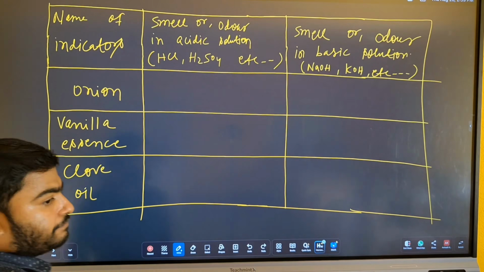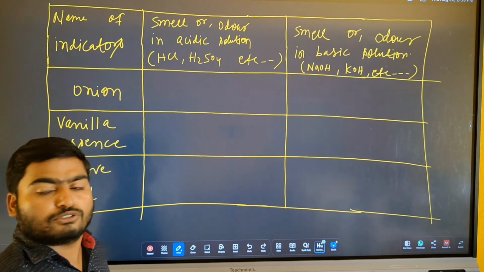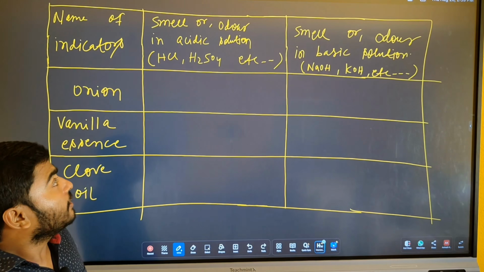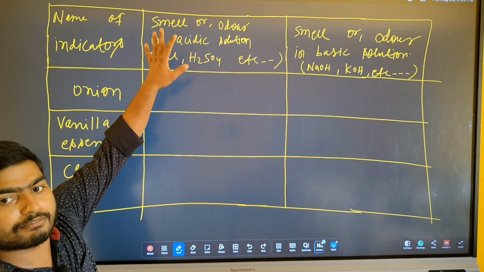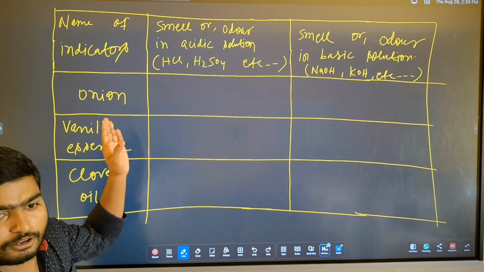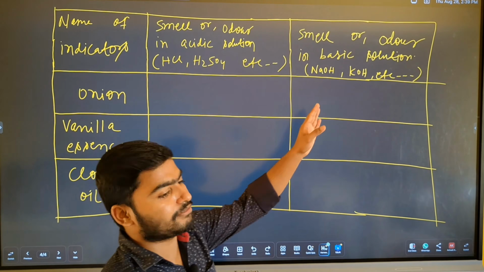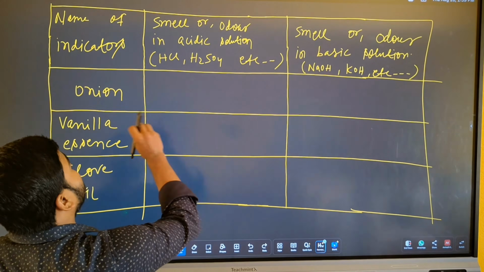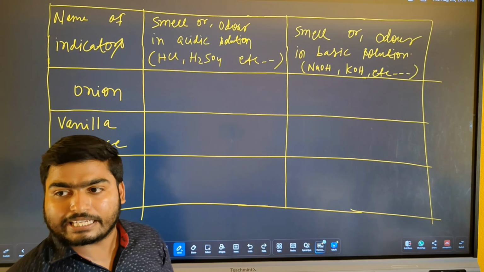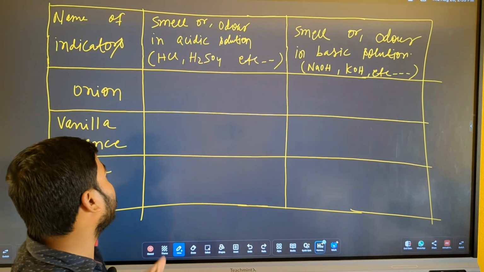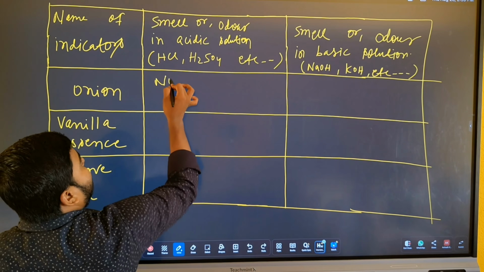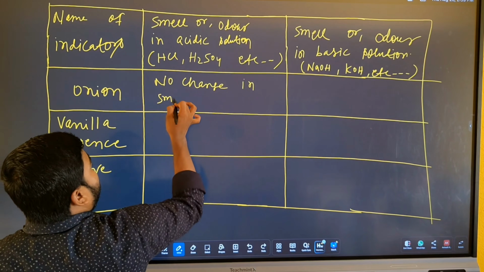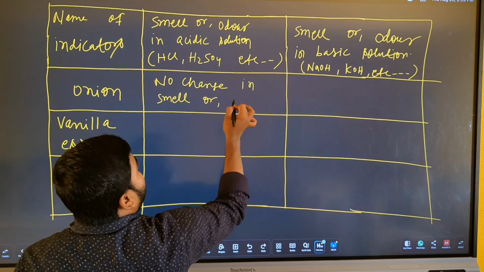When you perform this activity, you will observe that all the acids have the same behavior with all these indicators, and all the bases have the same behavior with all these indicators. In case of acids, there won't be any change in smell of these three indicators. So we will write it as no change in smell or odor.